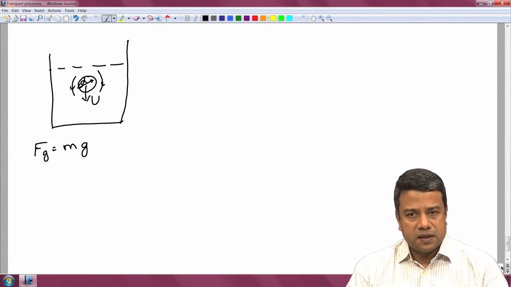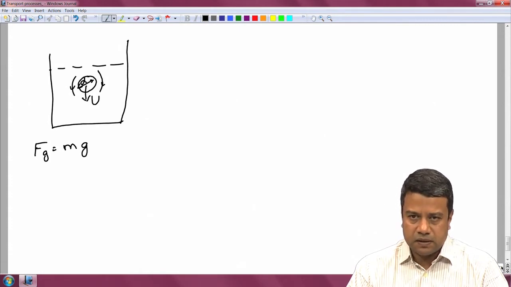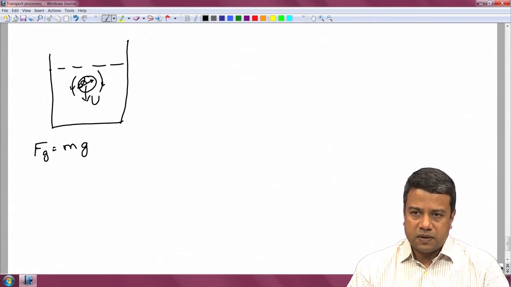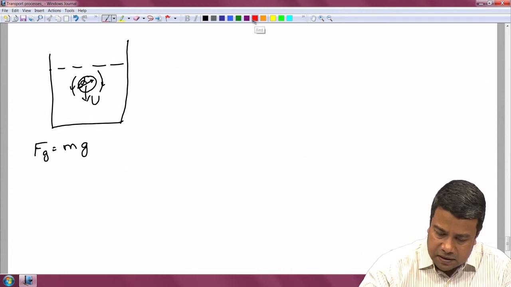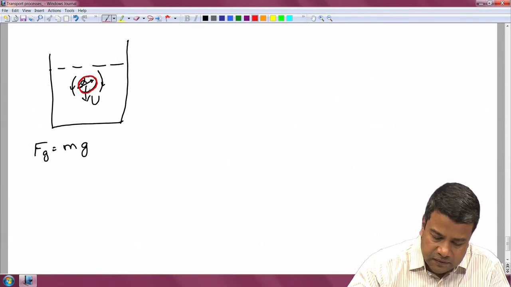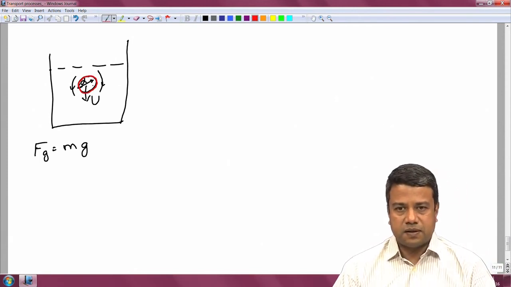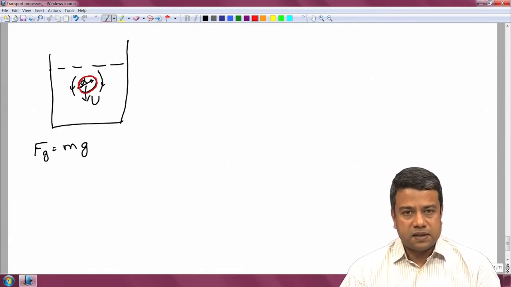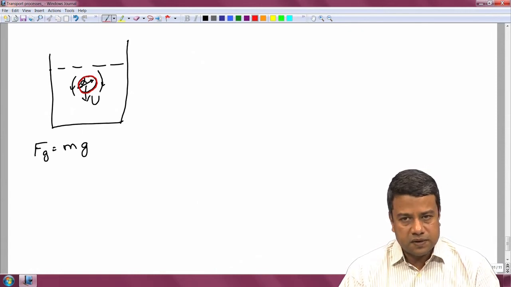As the particle is settling downwards, there is fluid flow around the particle, and that fluid flow causes friction. And due to the fluid, there is a stress that is exerted at every location on the particle surface, a force per unit area, a stress. And as we know, that stress comes from Newton's law of viscosity.